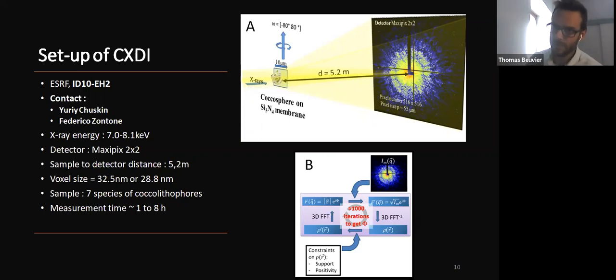Then we turn the sample and we obtain several 2D patterns, and then we assemble these patterns to obtain a 3D diffraction volume. And then, using phase retrieval algorithms, we were able to convert this 3D diffraction volume into a 3D real space volume, with a voxel size of around 30 nanometers.